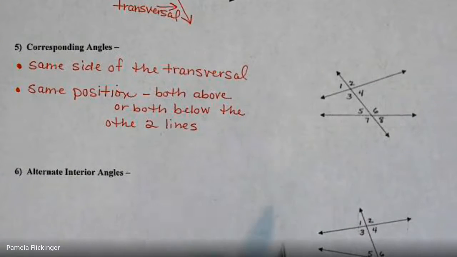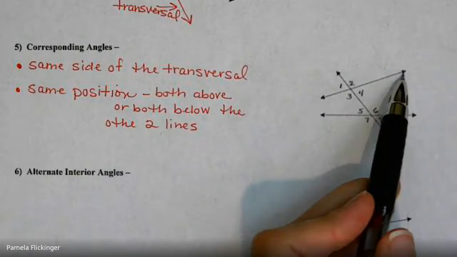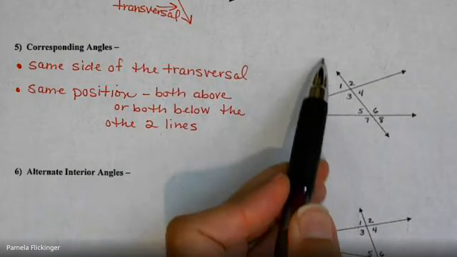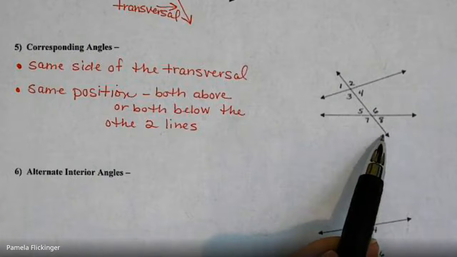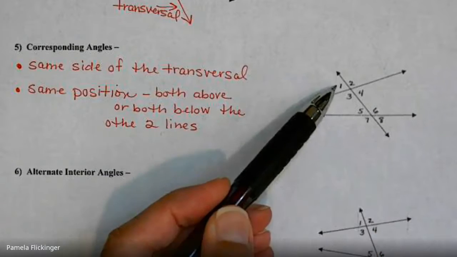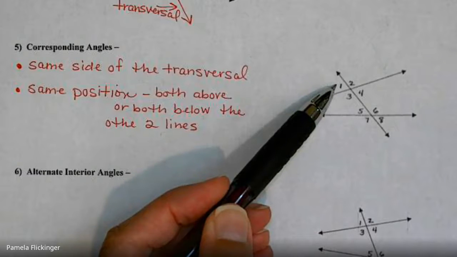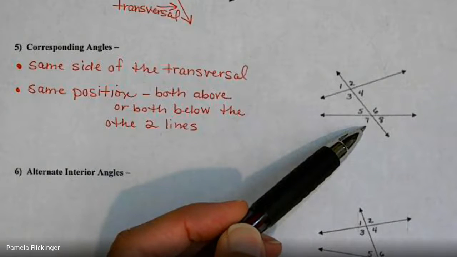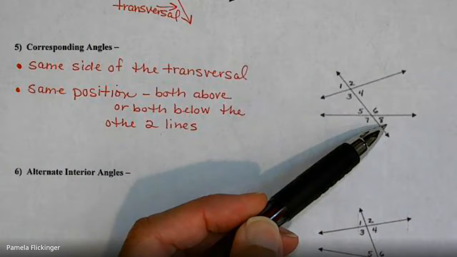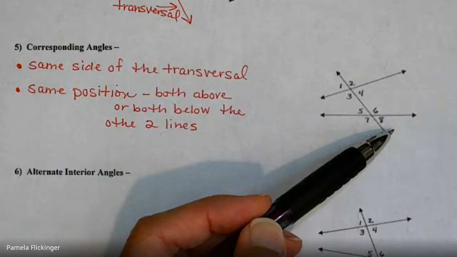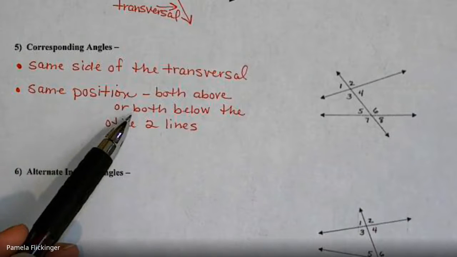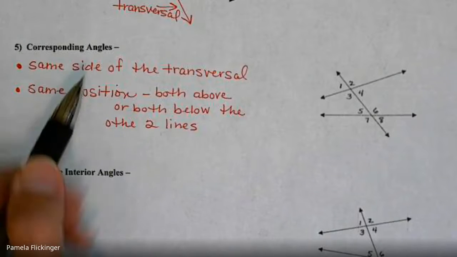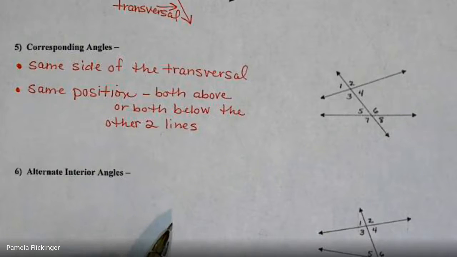So when we look at this picture, here's my 2 lines, and then this line running more vertical, not exactly, but running up and down would be the transversal. The angles that are on the same side would be 1, 3, 5, 7. And then 2, 4, 6, 8 are also on the same side. To be in the same position, we want them both above or below the other 2 lines.